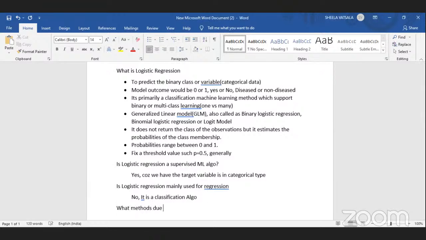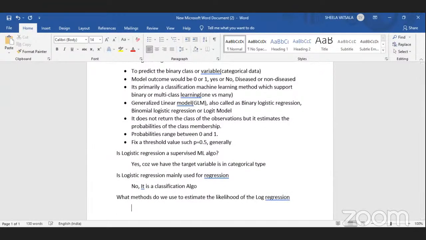What methods do we use to estimate the likelihood in logistic regression, right? We use maximum likelihood estimate.